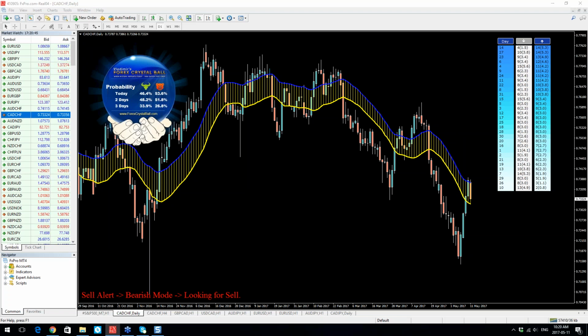Now, if you take a look, guys, on these distances, as I gave you a tip from the last time, from here to here, and from here to here, they are pretty much equal, which is another amazing sign that the price went out of the normal zone and it's reaching its critical area. So far, so good. Perfect.